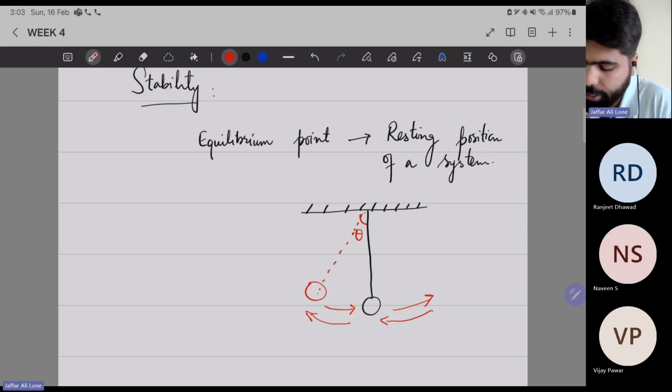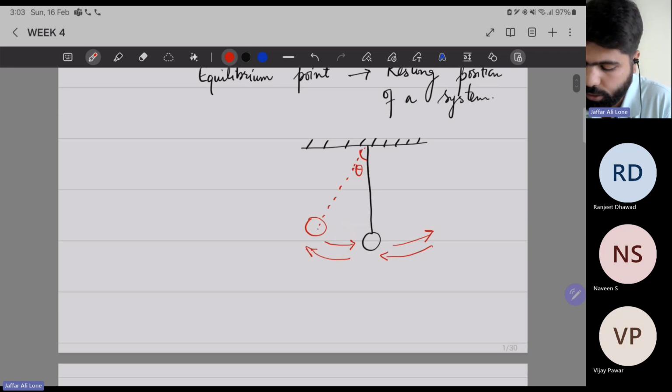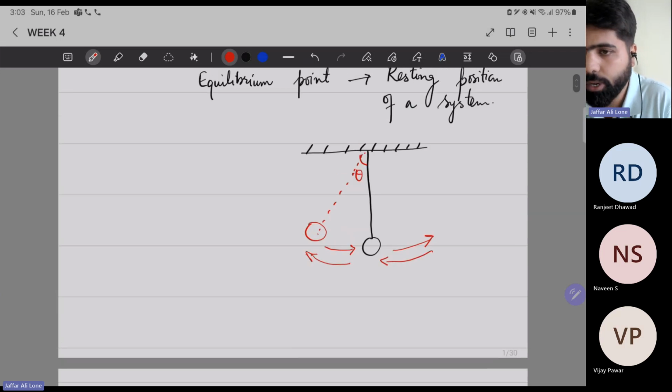So in this case, let's assume there is no friction. If there is no friction, then this pendulum, if I give it initial condition theta, it will keep on oscillating, right? Because it will never stop because there is no friction. So in that case, we will say that our pendulum is oscillating around the equilibrium point.